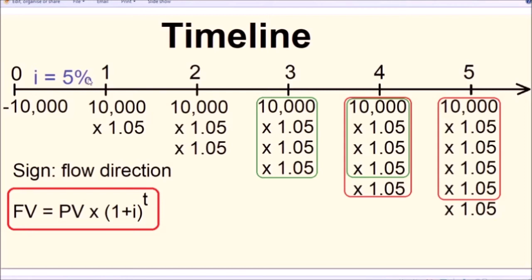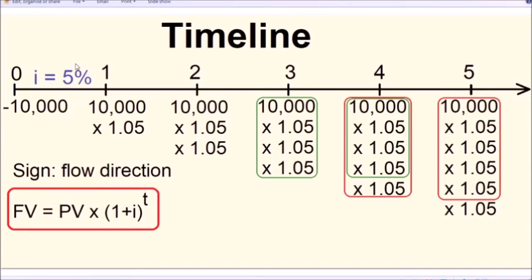And if you cash out your investment, sell the investments, and put the money back into your pocket, you will get this $10,500 back into your pocket. Flow direction will be indicated with a sign, with a positive number indicating cash flow coming back to you. That's one of our conventions on the sign and flow direction.